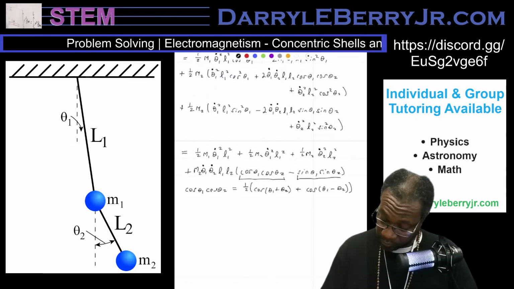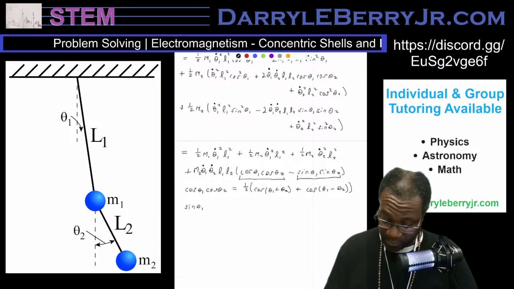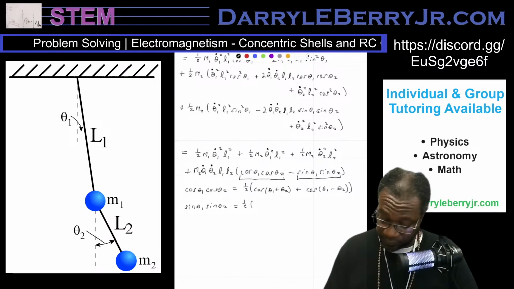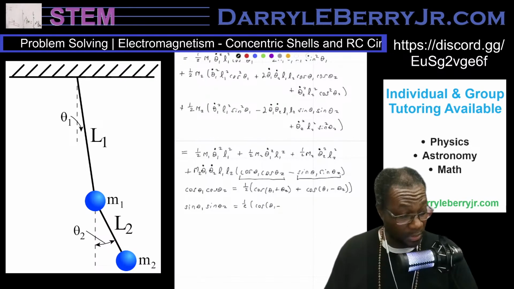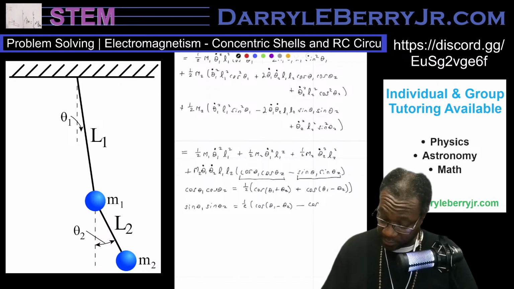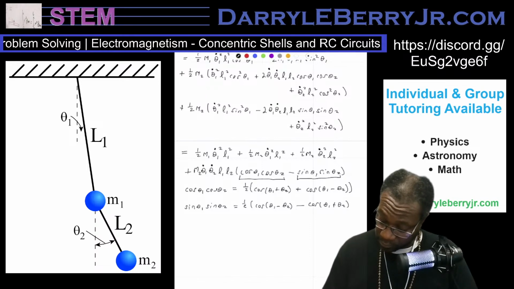And then for this one, we have sine theta 1 sine theta 2 equals 1 half cosine theta 1 minus theta 2 minus cosine theta 1 plus theta 2.